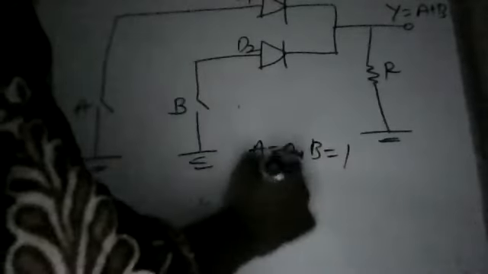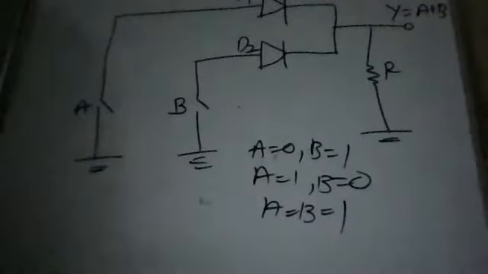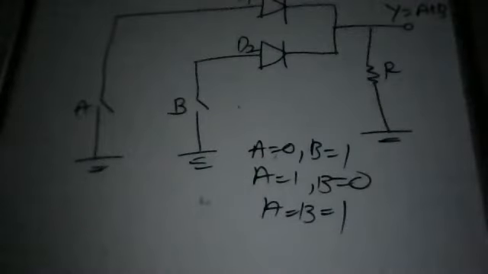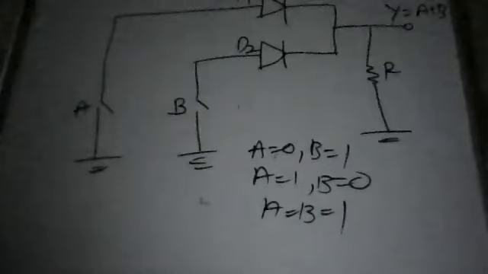A equal to B equal to 0, A equal to 0 comma B equal to 1, A equal to 1 comma B equal to 0, and both in high condition. In three cases, from this diagram we get the output.